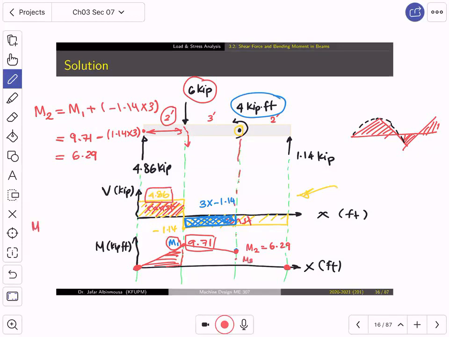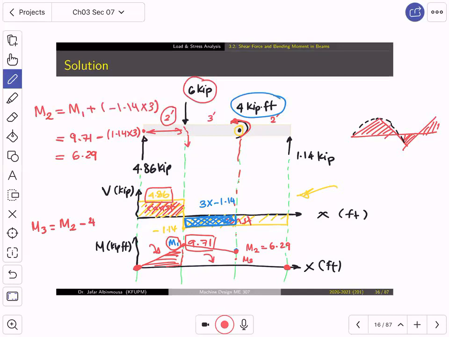Now M3 will be equal to M2 minus 4. Why? Because this is clockwise, this is clockwise, and this 4 kip is counterclockwise. So I'm gonna subtract 4 from it.